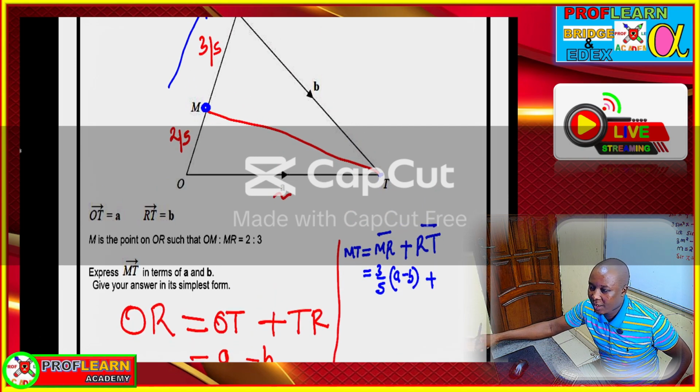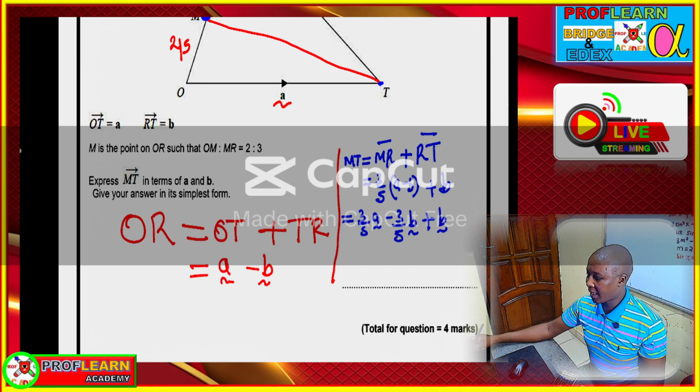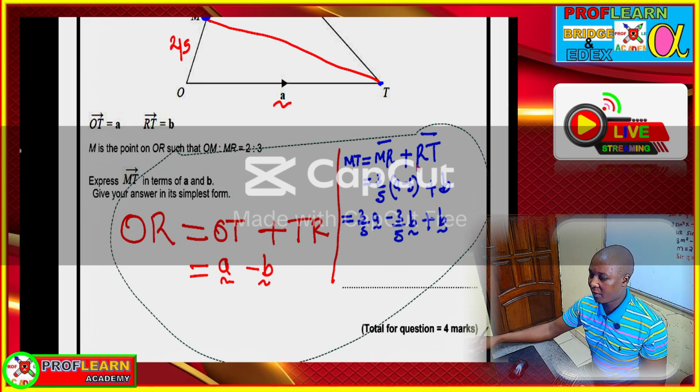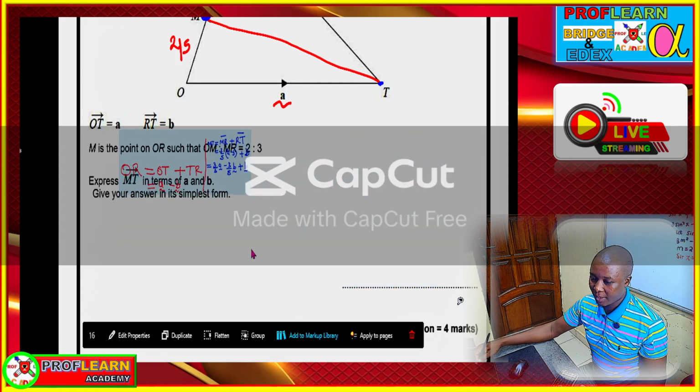Our RT is B. So if we open the brackets, we're going to have our answer as 3/5 vector A minus 3/5 vector B plus vector B. So we are going to put the like terms together here so that we can simplify our vectors, to make the examiner happy in that case.